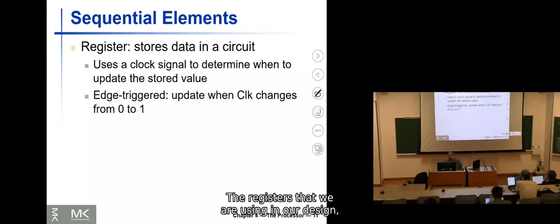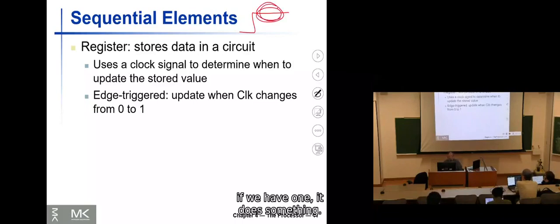The registers that we are using in our design are edge-triggered. I'm sure that you know about edge-triggered and the other type. Is it edge or level? Level trigger. When we are talking about level trigger, it means, for example, if we have 1, it does something.